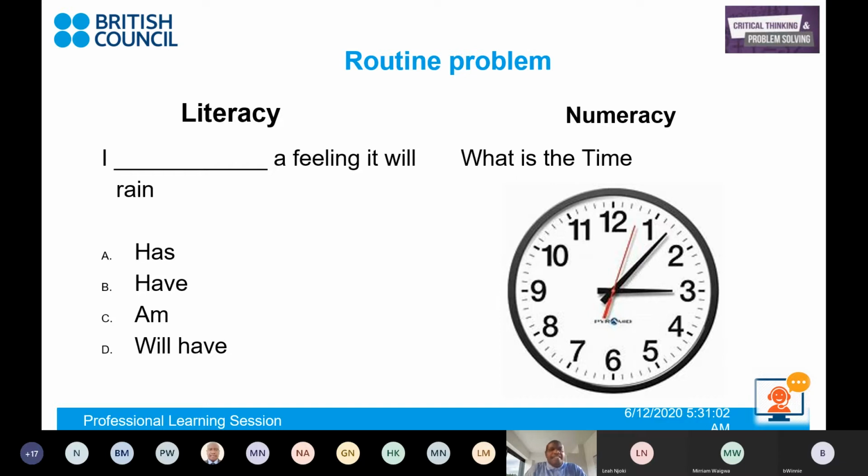Okay, you can see people have answered it very fast with no problem. What about this? What is the answer for that? Let's type in the chat.